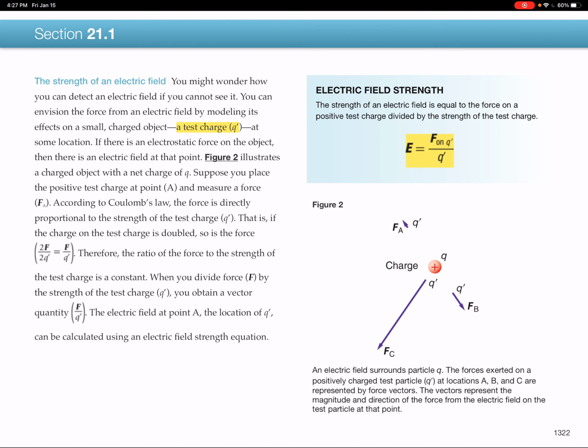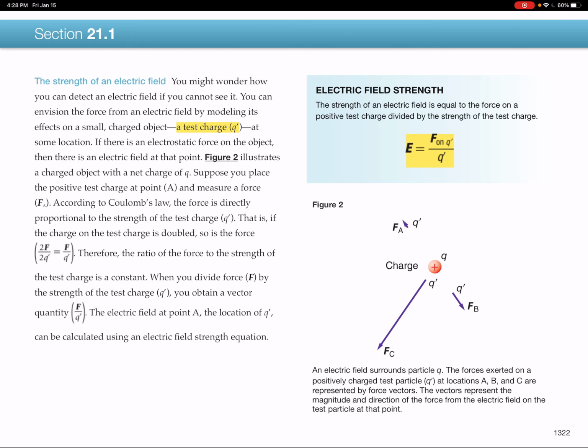Now, to measure an electric field, what we do is we take a small charge, a test charge. In this case, we are calling this a Q prime, the small charge, and put it at different places around a charge that is creating the electric field. What you'll see is that the charges interact with each other. There'll be a force on that charge.